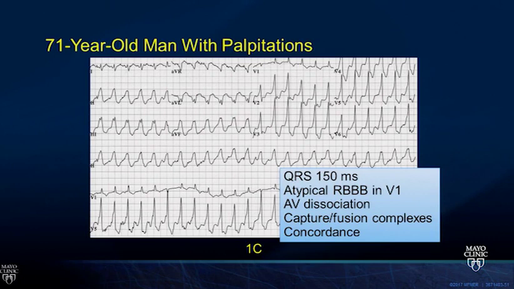And the important thing to note is which way the pointy bit is, okay? See here, the pointy bit is upward, so this is positive concordance. If the pointy bit was downwards, that would be negative concordance, okay? And what's important to know is that if you have negative concordance in the precordial leads, so all the pointy bits are down, then the only place that can come from is the apex of the heart, okay?